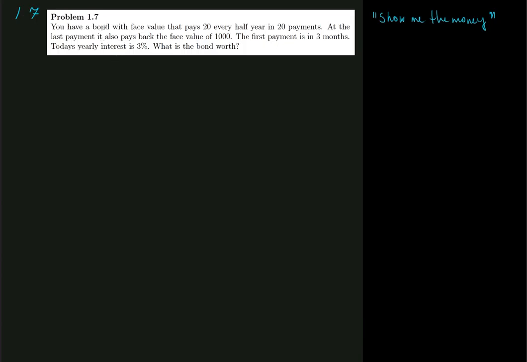So first of all, let's talk about what a bond is. Well, a bond is essentially an IOU between you and someone else. So often it's an IOU between you and, for example, the state or the government, where you buy a bond for a certain amount of money, and that amount is the amount you have lent the state or the person that sells you the bond.